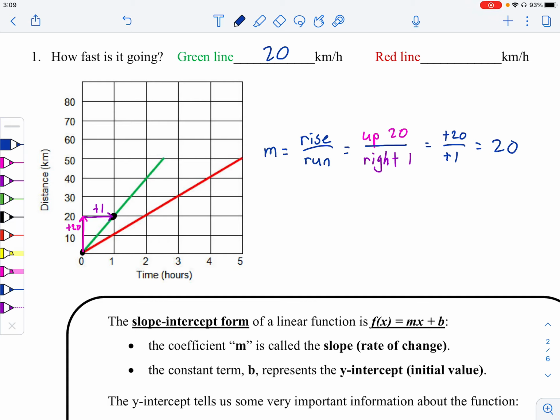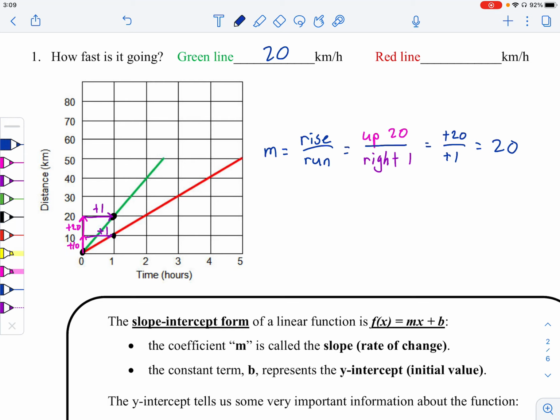Our red line, same thing. We can start at 0, 0. Here again, we follow until right here. That's the point, so we can use that one. Again, we use our rise over run. This one goes up 10, plus 10, and the run is 1, plus 1.